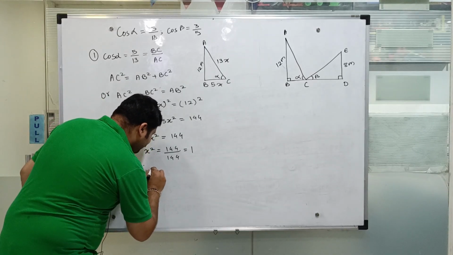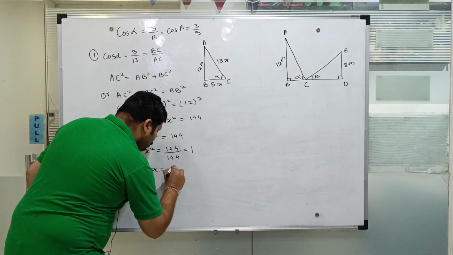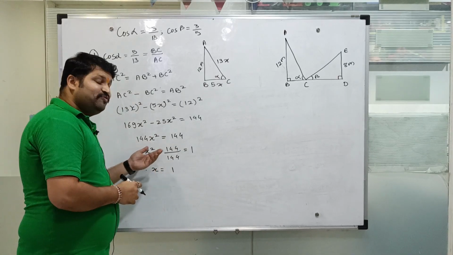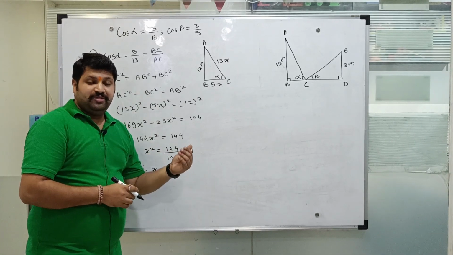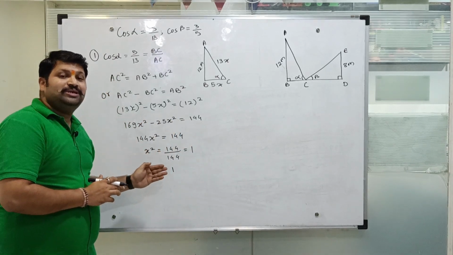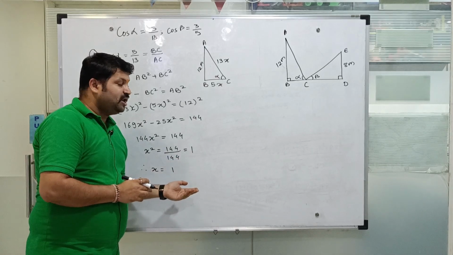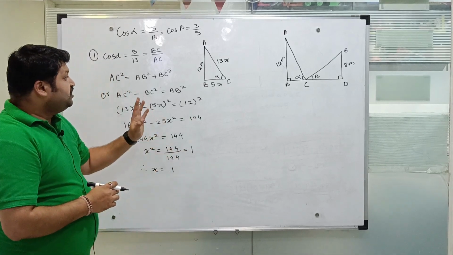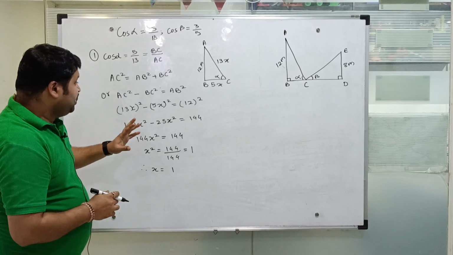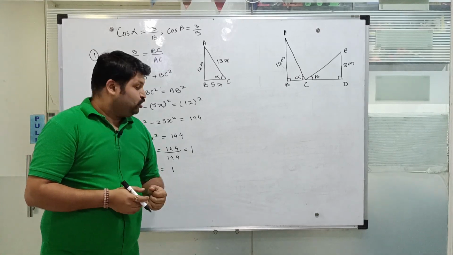Therefore, the value of x would be equal to 1. In reality, whenever we square root a number, the value should be plus as well as minus. However, we would not be considering the negative value in this scenario because we are talking about lengths, and lengths obviously can't be negative.